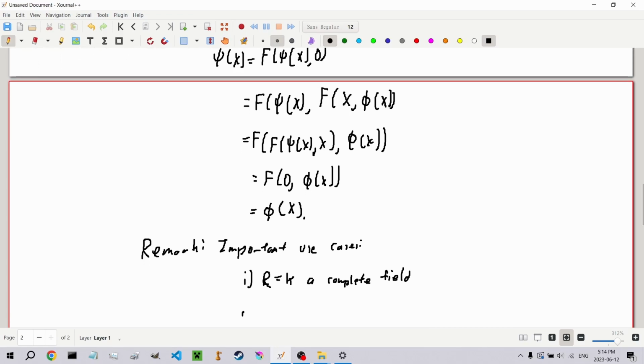And secondly, we have R being A, which is going to be the evaluation ring of a complete ultrametric field.